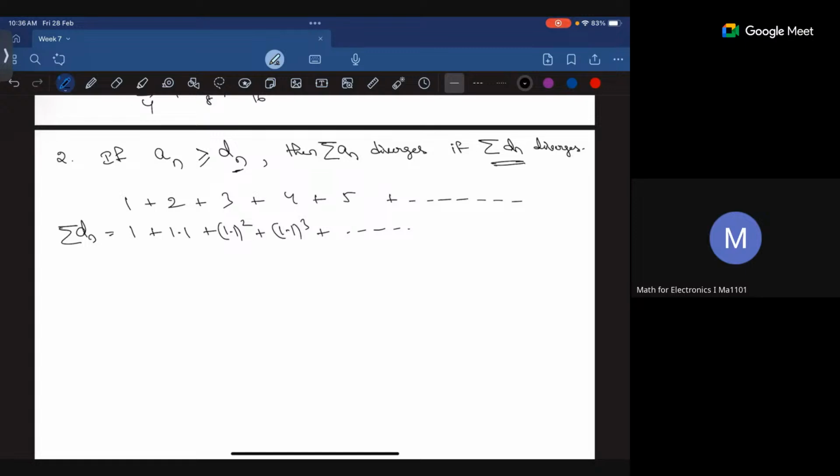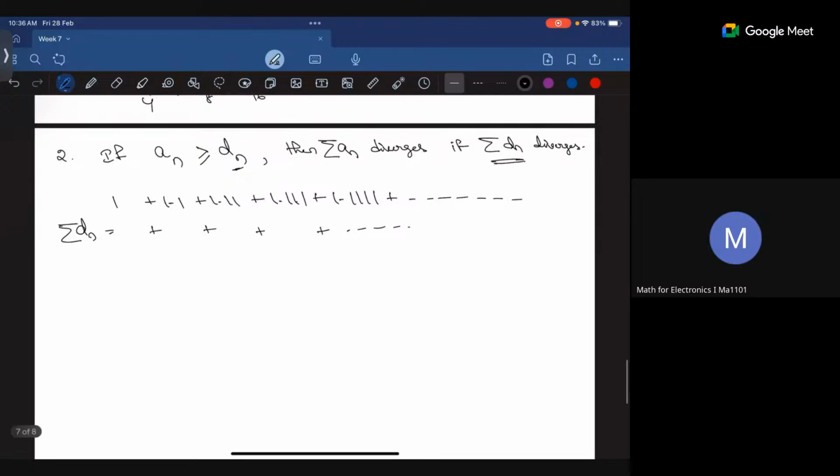Okay, let me take a very easy one. Let's take this only: 1.1, 1.11, 1.111, and so on. So this is a series, and I can come up with a geometric series with common ratio 1. So 1 plus 1 plus 1 plus and so on. So you can see that all your an series terms are greater than this.